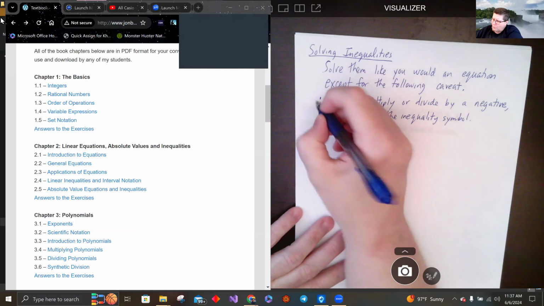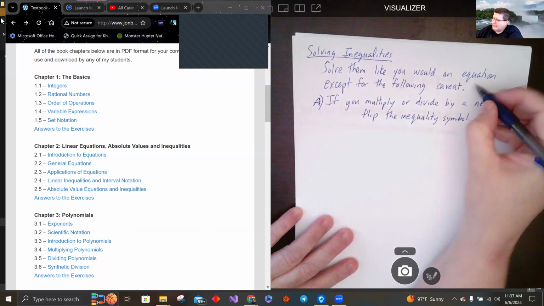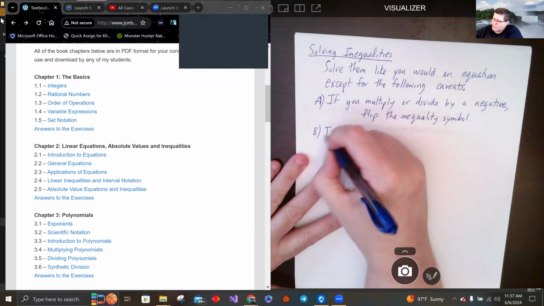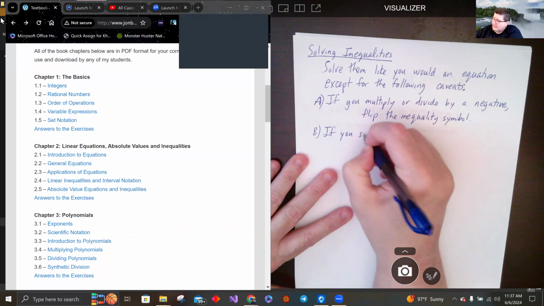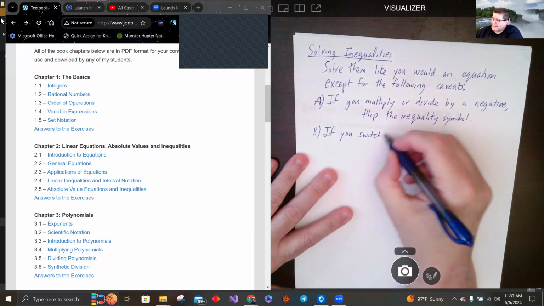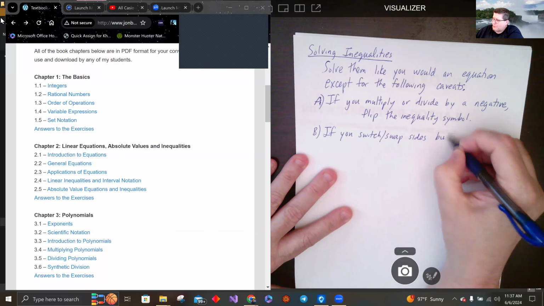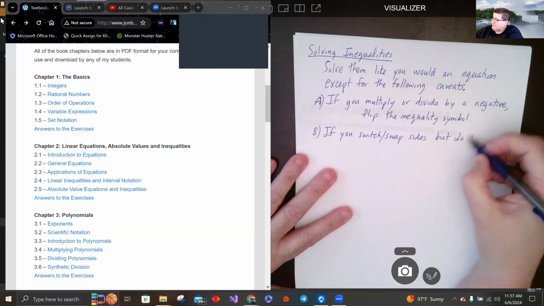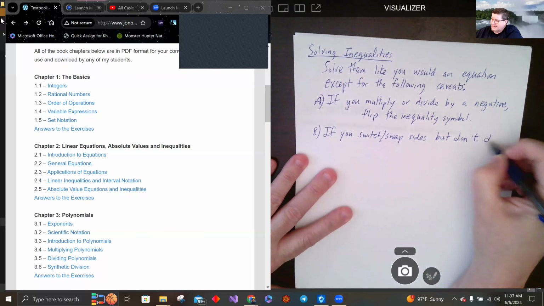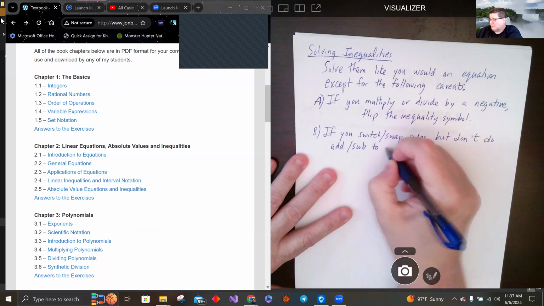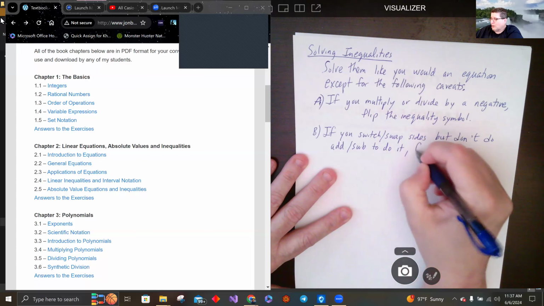There is one more thing that does flip the inequality symbol. If you swap sides, but don't do addition or subtraction to do it, flip the inequality.